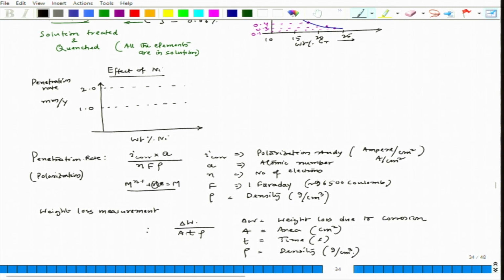Okay. So, these two methods one can employ to measure the penetration rate.